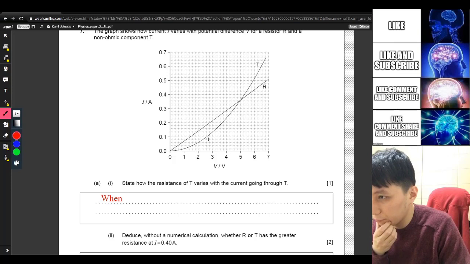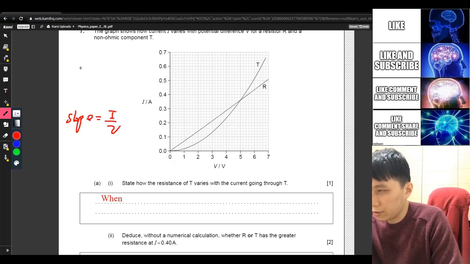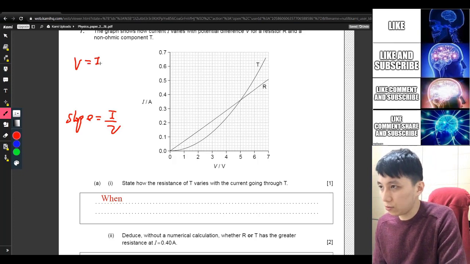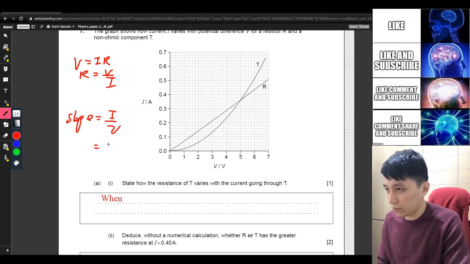So first of all, this is an I against V graph. So that means the slope is I over V. And if you recall Ohm's law, V equals IR. R is V over I. So that means the inverse of the slope.